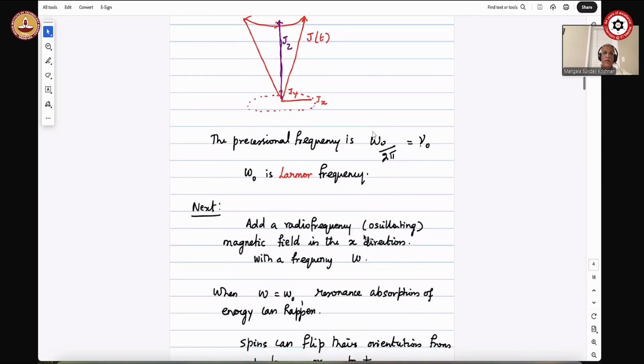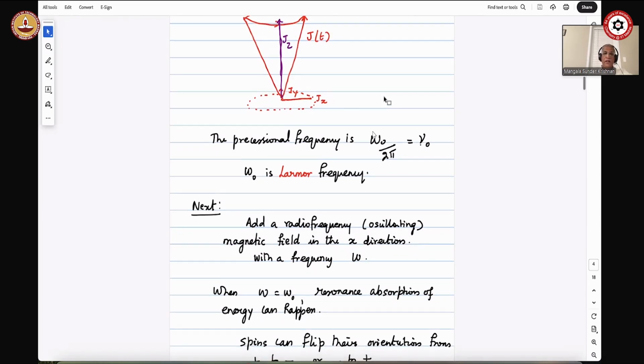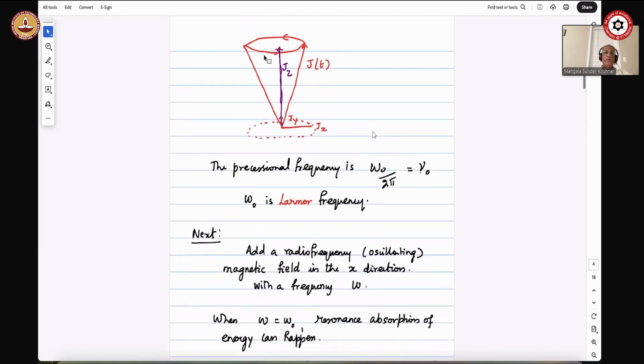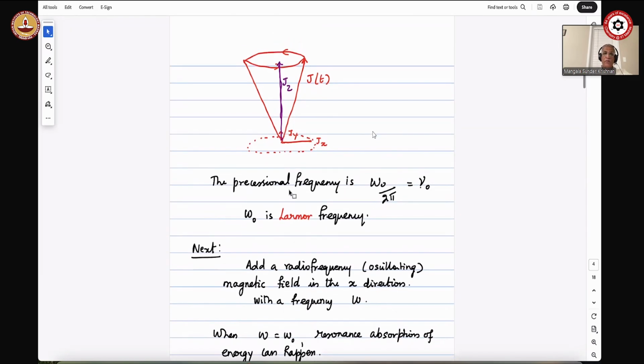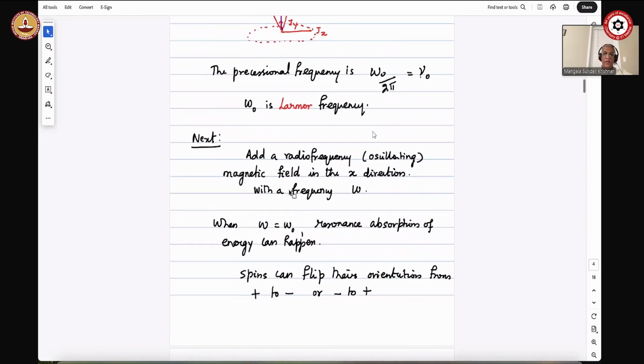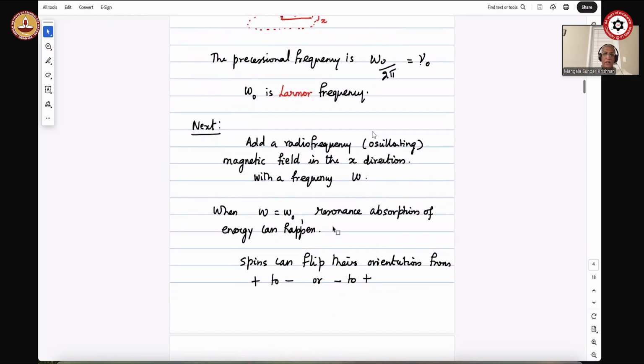So now, if you add a radio frequency magnetic field in this direction, what happens is the spin, which is rotating in this direction, spin a half, can absorb the energy and then come down to the minus direction. And the resonance absorption can happen.